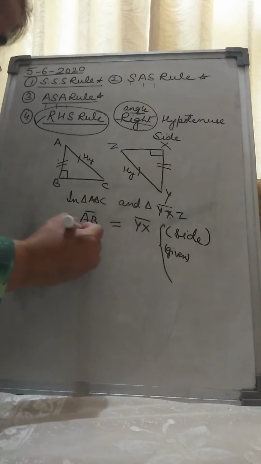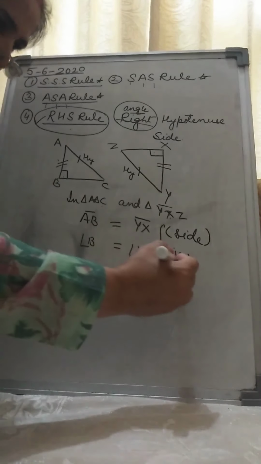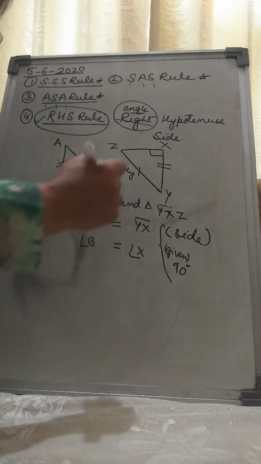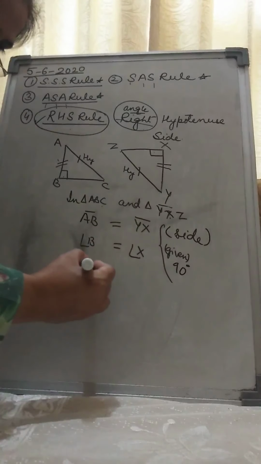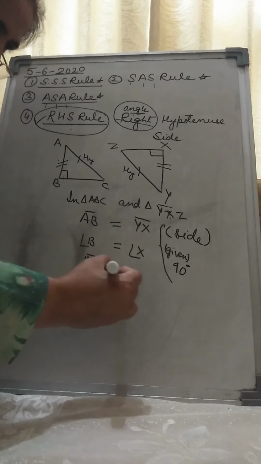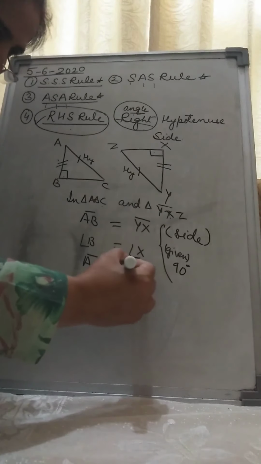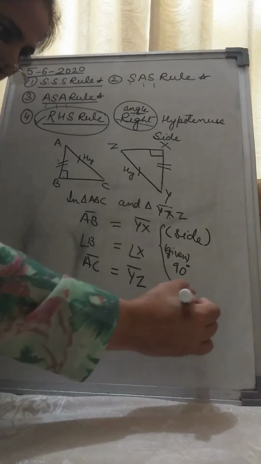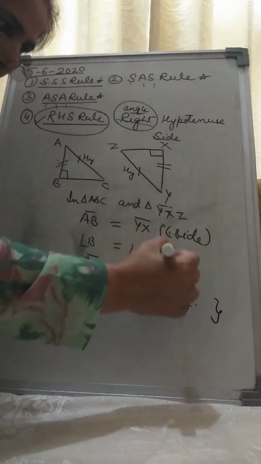Then comes the right angle. Angle B is equal to angle X, because this is 90 degree, already given. Then comes AC, and this is your YZ. This is again your hypotenuse. For hypotenuse you can write H, and all these three are given to you.